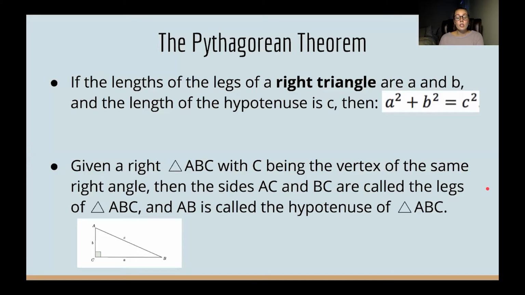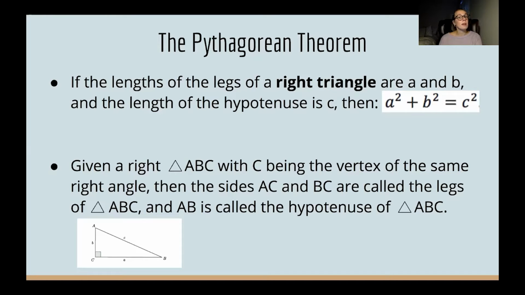All right. So this is definitely something you've probably heard of before. Maybe you've seen the equation. So once we start talking about it, it'll become more familiar to you. But the Pythagorean theorem states if the lengths of the legs of a right triangle are A and B, and the length of the hypotenuse is C, then we can use this equation, A squared plus B squared equals C squared.